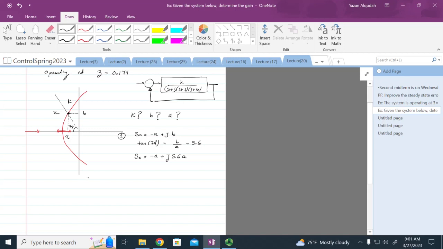S0 belongs to the root locus. So therefore, if I take S plus 1 multiplied by S plus 2 multiplied by S plus 10 plus K, it must equal to 0 at S0. Is that clear? S0 is a pole of the closed loop system. What does that mean? It means if I calculate the closed loop transfer function, this is going to be a pole.